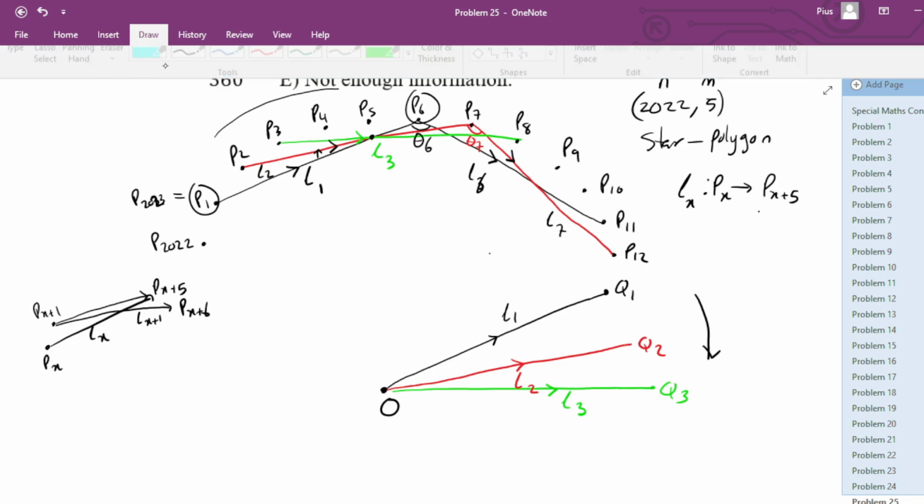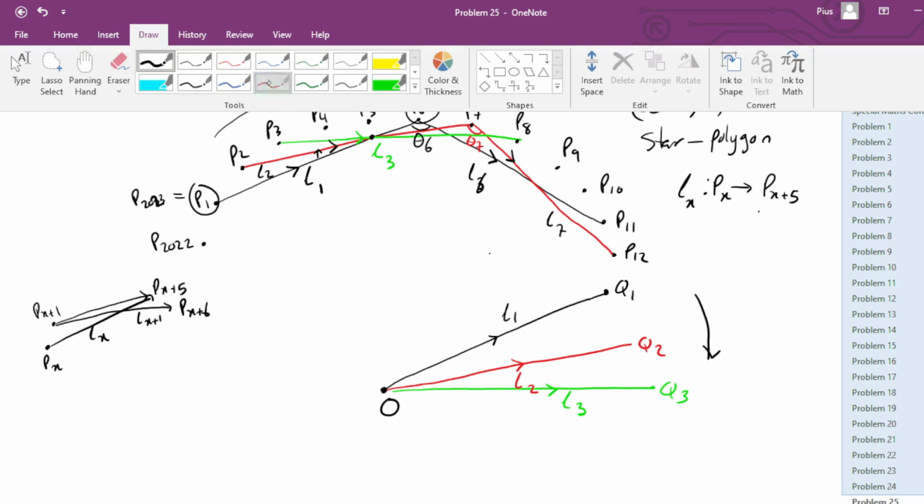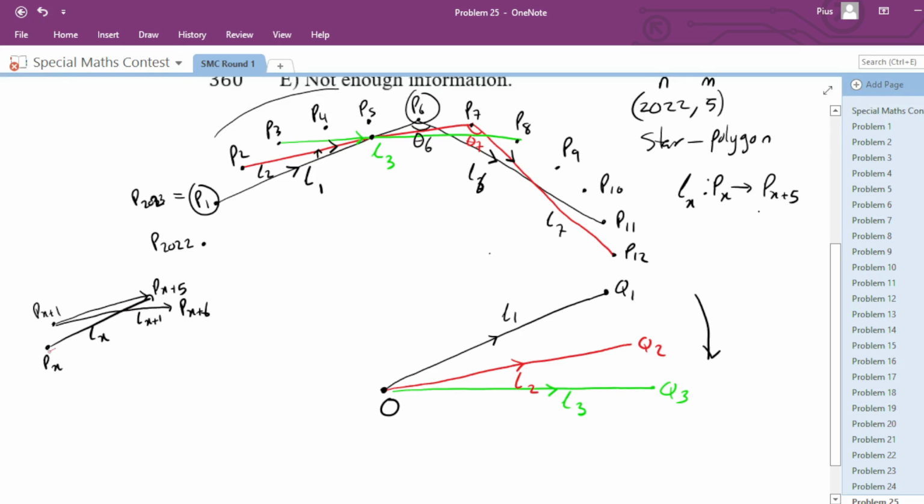That's because we can draw a parallel line here, and then not necessarily going to Px plus 6, and then we see why this new line is lower than Lx but higher than Lx plus 1.